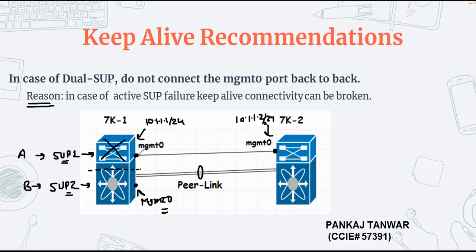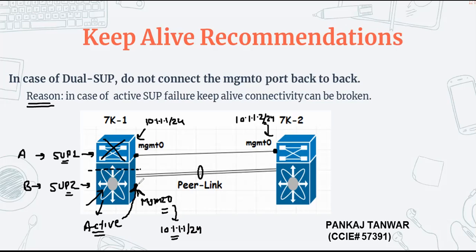Now because the active SUP has failed, supervisor 2 is going to take over. Now this will become our active SUP, and the management 0 port will be owned by supervisor 2. So now the IP 10.1.1.1/24 will be used by the supervisor 2 management 0 port.